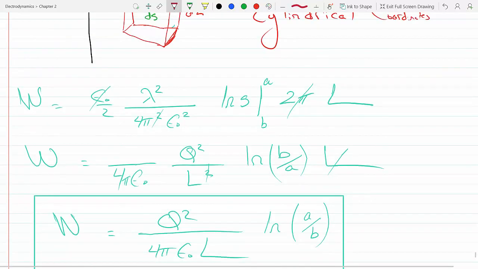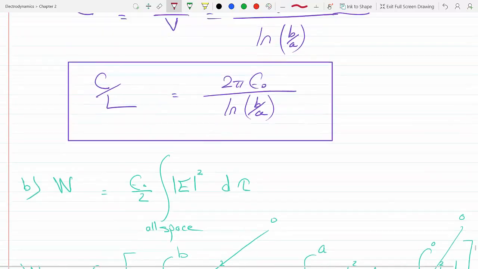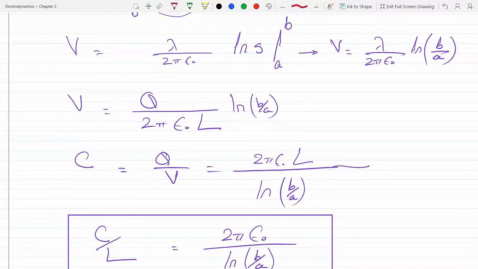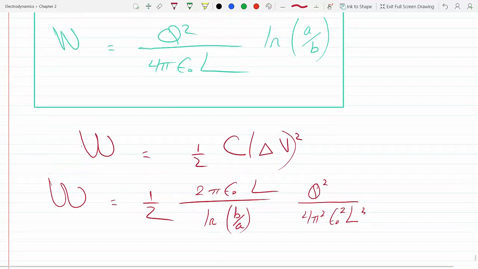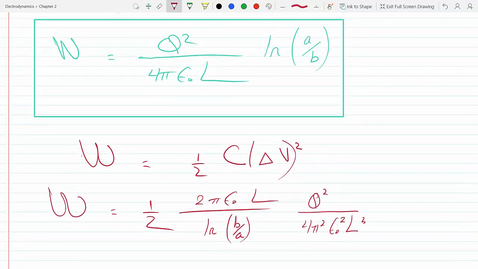Because we're squaring each term, and epsilon, and then ln b over a squared.